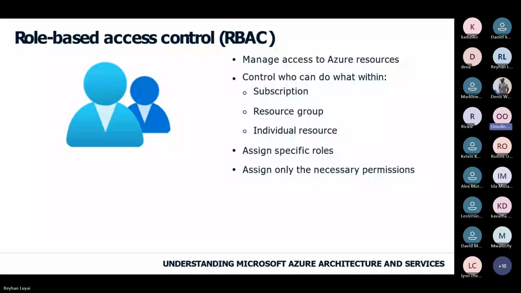Now, it controls who can do what within a subscription, a resource group, and an individual resource. You can also use it to assign specific roles or assign only the necessary permissions. And this goes back to what Ryan mentioned earlier in terms of least privilege access, which means if you want to practice best security practices, you need to only give access to what a user needs.